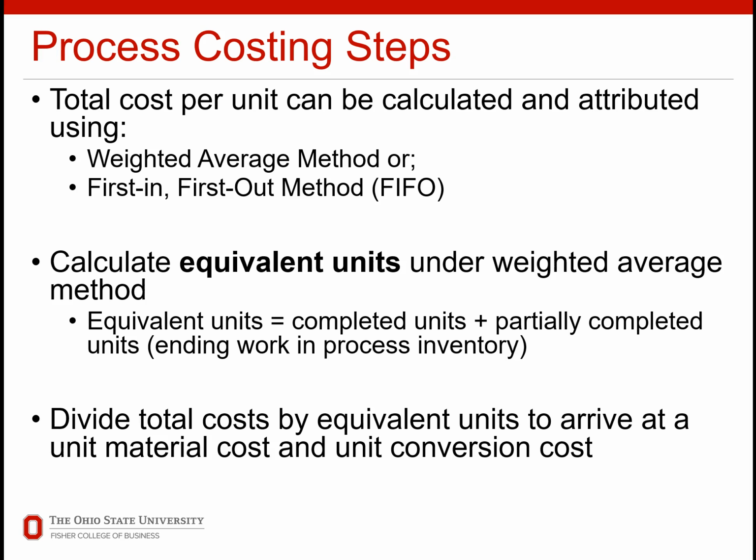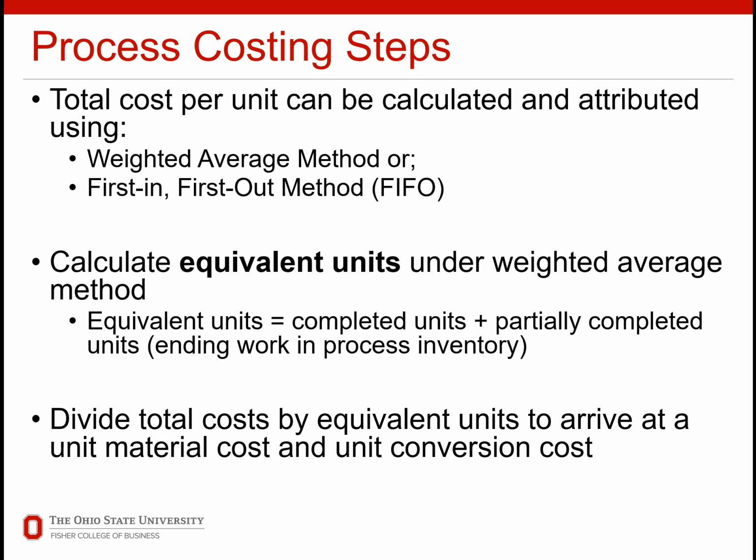So here are the process costing steps. You can see we calculate the total cost per unit via the weighted average method. To do that, we calculate equivalent units under the weighted average method, and you can see the calculation. Then we take the total cost and divide by those equivalent units to arrive at a unit material cost and a unit conversion cost.